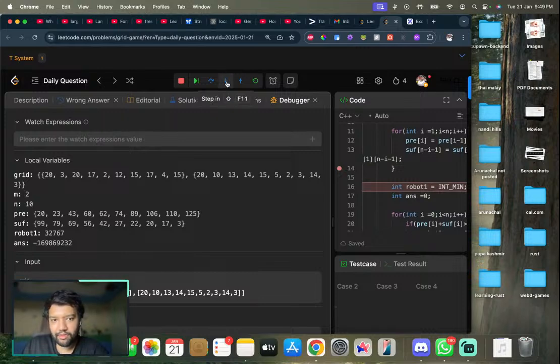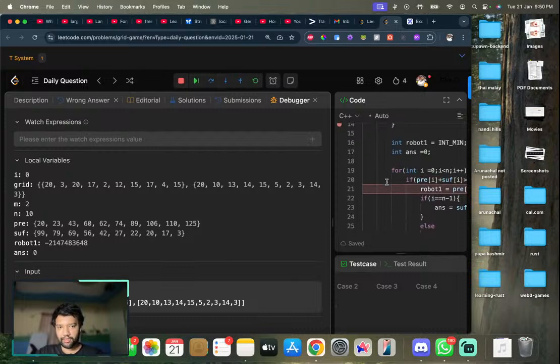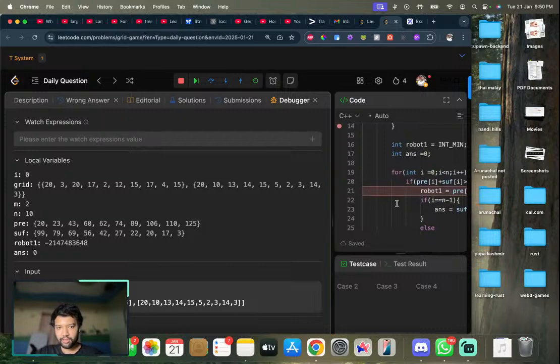So robot is int min, answer is 0. Now i is equal to 0. Now 20 plus 99 is greater than int min. Yep. So robot 1 will get 20 plus 99, 119, and this will not go inside this.